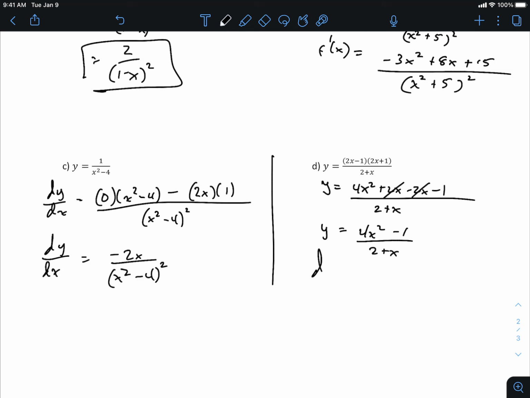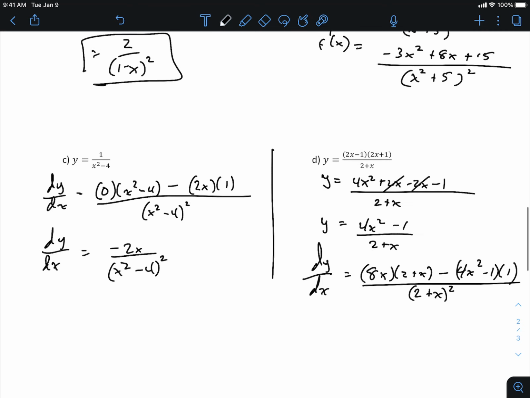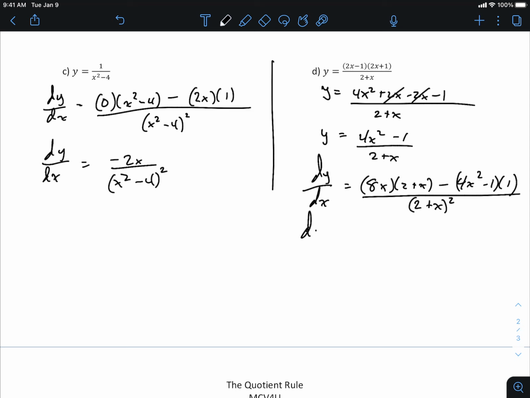Now, let's derive y with respect to x. Okay, well, in the top, we're going to see 8x, and that needs to be multiplied by 2 plus x, minus 4x squared minus 1 multiplied against 1, the derivative of the bottom. And all that needs to be divided by 2 plus x squared. Okay, and then we just do some expansion work and clean up like terms.